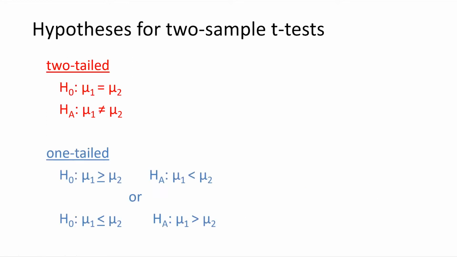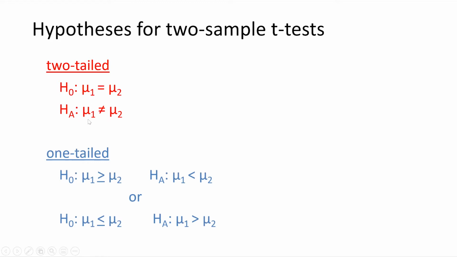So our hypotheses for our two sample t-test are pretty much the exact same thing as our hypotheses for our one sample t-test, except now we're not comparing a reference group to a sample, we're comparing two samples. So these should all look very familiar. For our two-tailed, we have our null hypothesis that our means from sample 1 and sample 2 are equal.